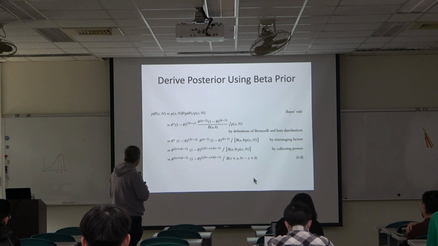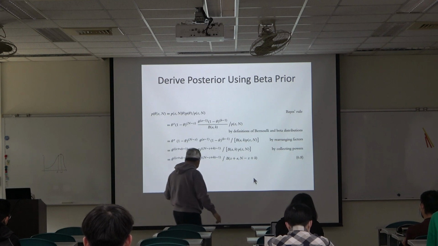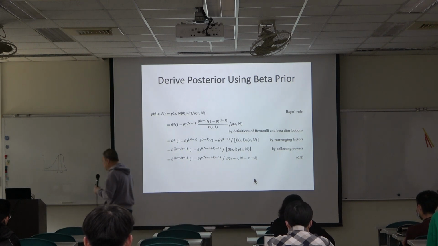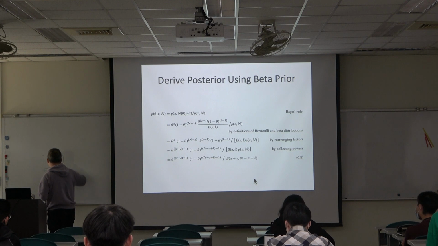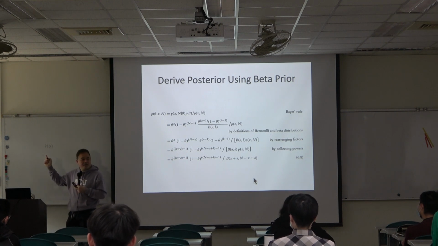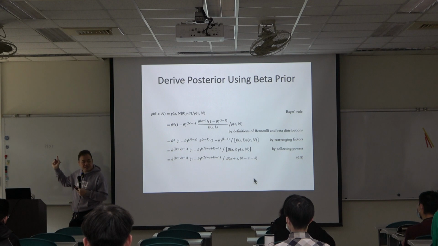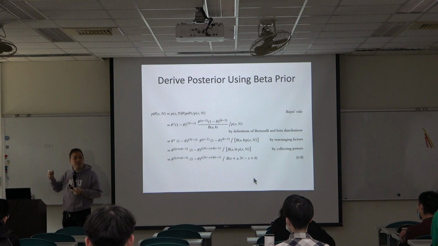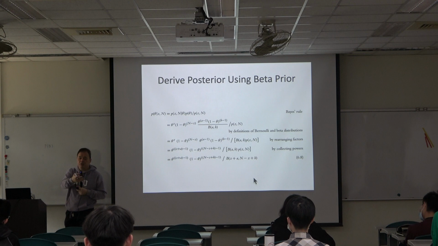So something that we know is a prior. The prior is this one, right? Remember, this is the prior, which we described using the beta distribution, because we want to use this conjugate prior.